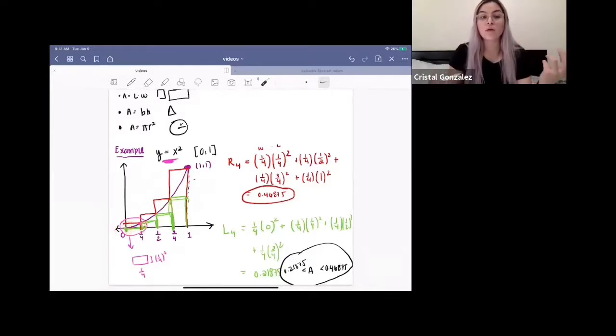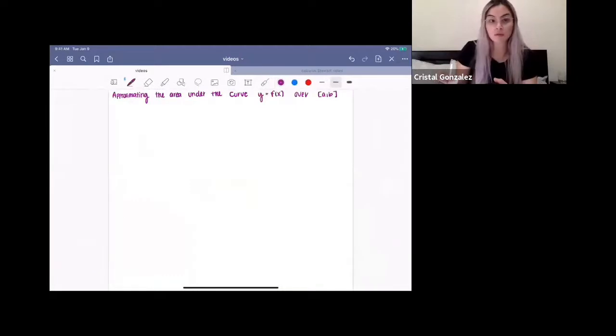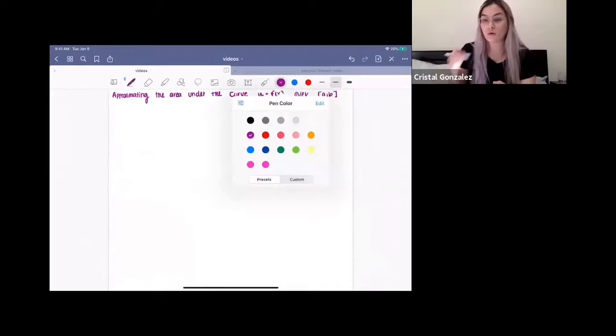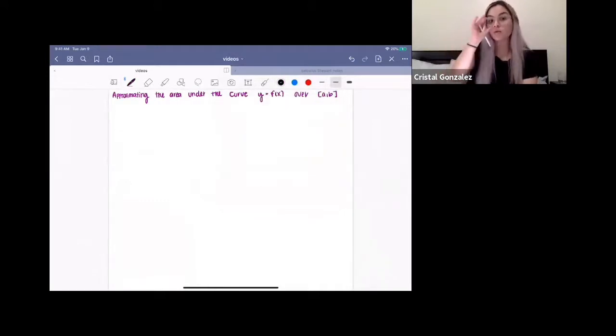So how can we go about approximating the area under a curve given any function? So recall that the goal is to fill the region with rectangles in order to approximate the area. So our goal here is we're using rectangles to approximate the area. And right now it's just an approximation because, as we've seen in the other example, we can have overestimation or underestimation.